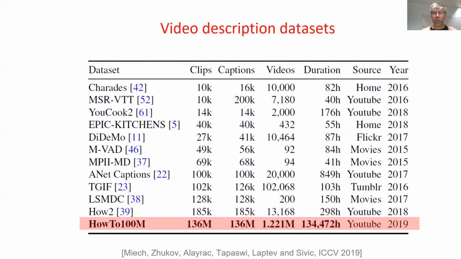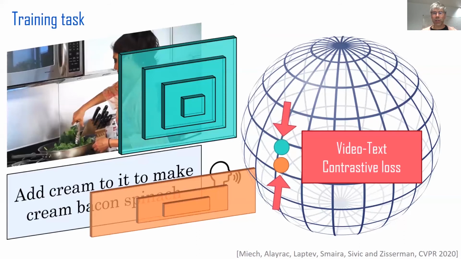Here are some examples, and here is a comparison just in terms of the size of the data. Most of these datasets have manual annotation, either manually created or manually verified.